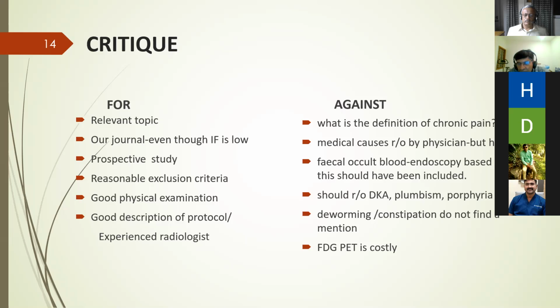They should also have ruled out diabetic ketoacidosis, plumbism, and porphyria and their related tests. In India, the most common cause of abdominal pain is worm infestation, so they do not mention deworming, and constipation does not find a mention. As PET CT is costly, that is also against this study.